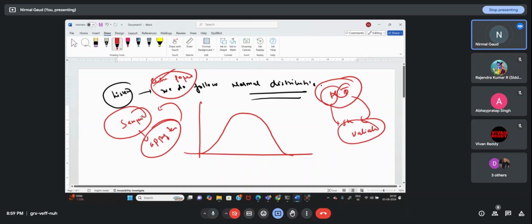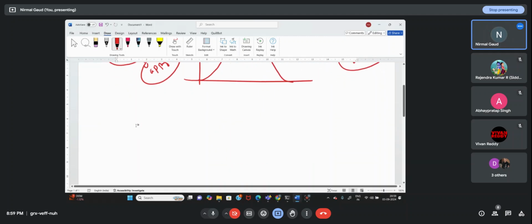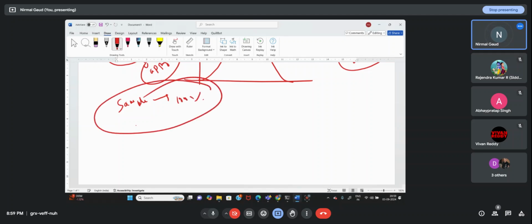Then you have to tell that it's not mandatory that whatever we have said over the sample is 100% correct. It's not at all necessary. It's not mandatory that whatever you have said over the sample is followed by the population also, because there may be different collections of samples in the entire population.